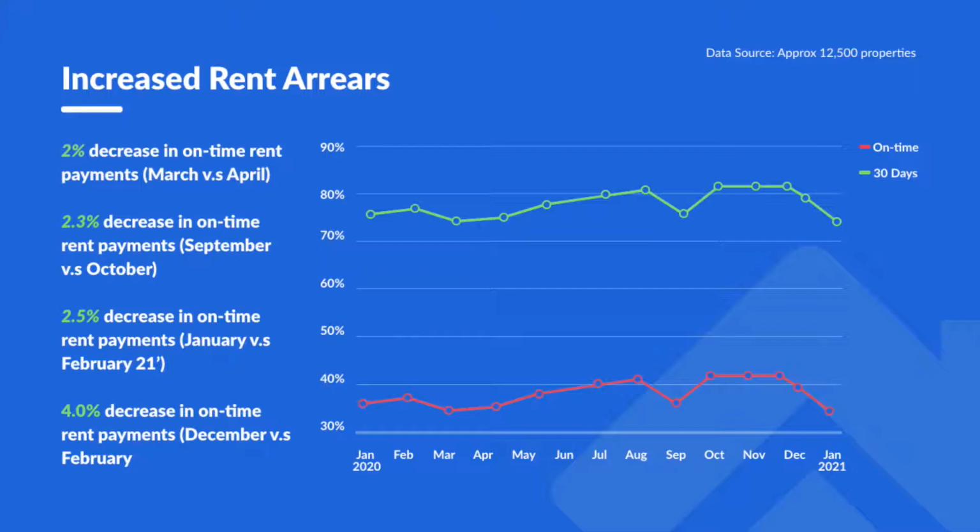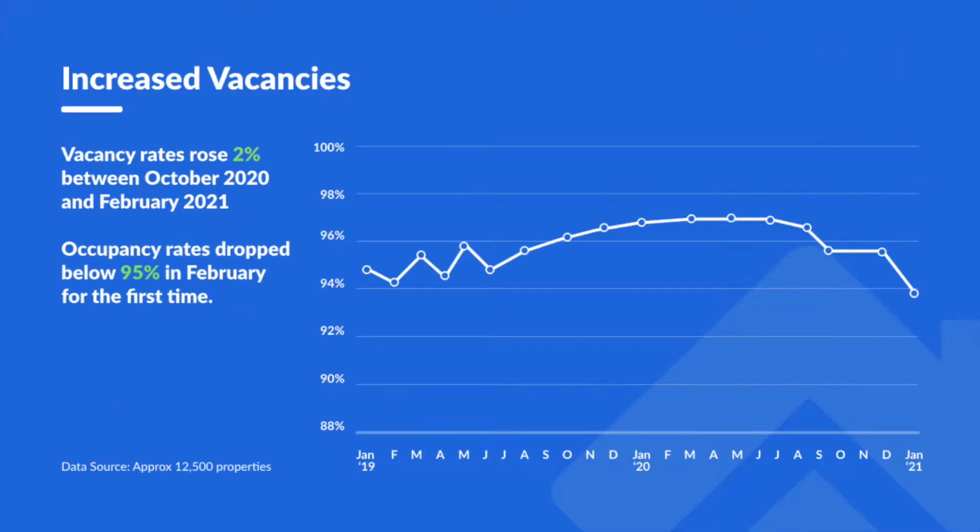This was also seen in October, where missed rent payments increased by 2.3% compared to September. And finally, towards the end of the year, on-time rent payments dropped by over 4% between December and February of 2021. In addition to the increase in late and missed rent payments, occupancy rates at the end of the year and into 2021 have seen a gradual decline as well, with Landlord Studio data showing the average occupancy rates dropping 2% between October and February and falling below 95% for the first time in over 2 years.